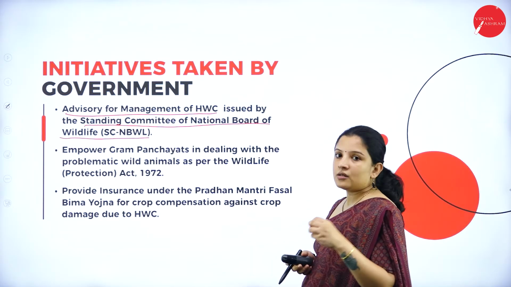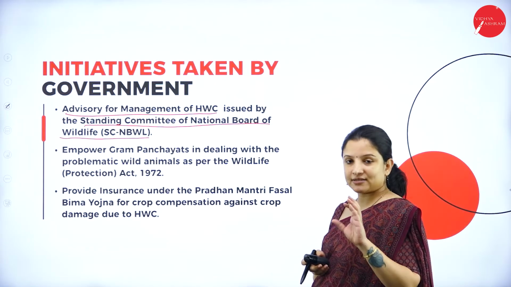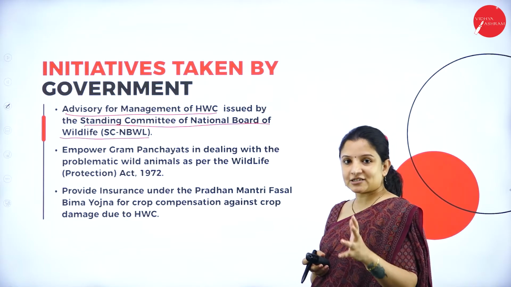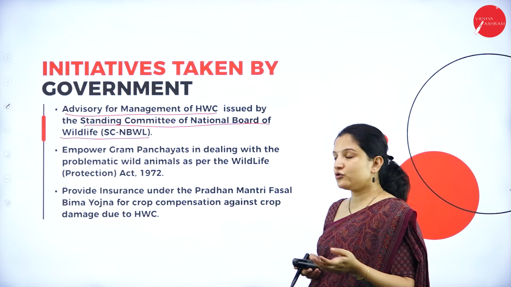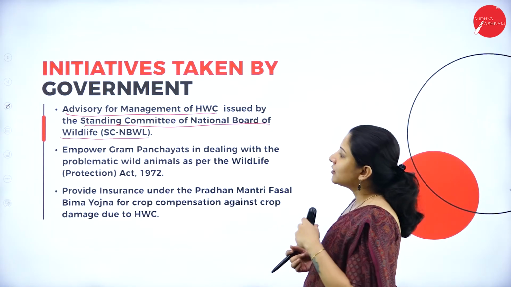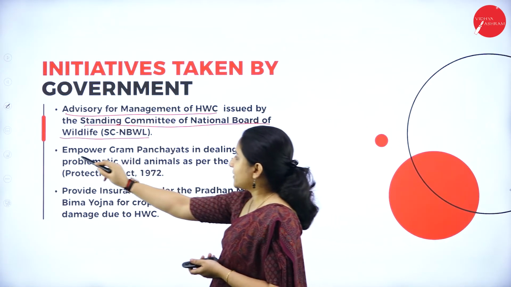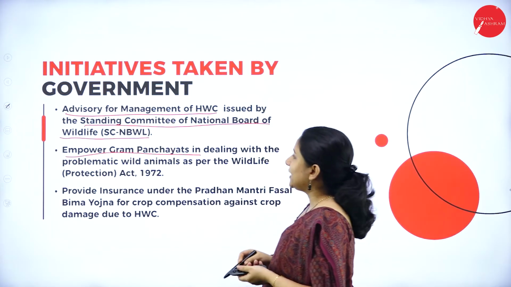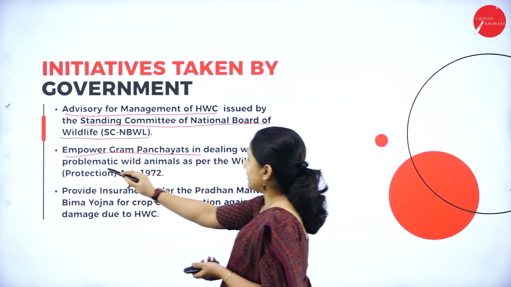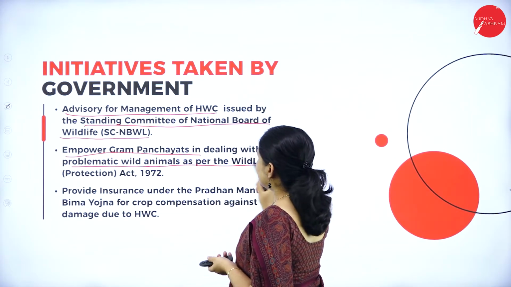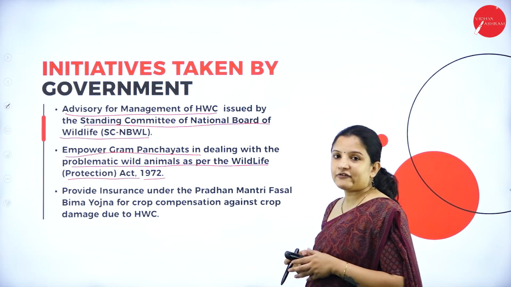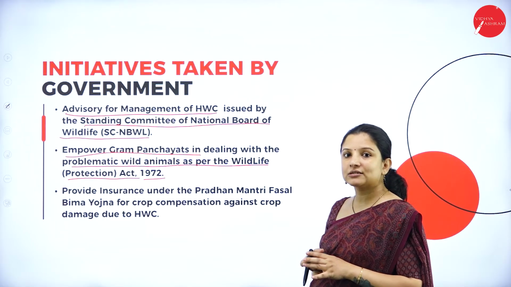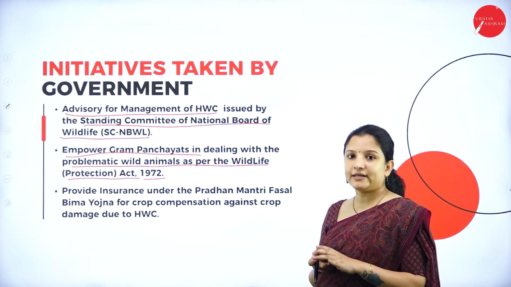They have a management committee that is separately set up to advise people so that they can avoid conflict between humans and wildlife, and to empower gram panchayats in dealing with problematic wild animals as per the Wildlife Protection Act of 1972. The Wildlife Protection Act of 1972 is mainly meant to safeguard wild animals.